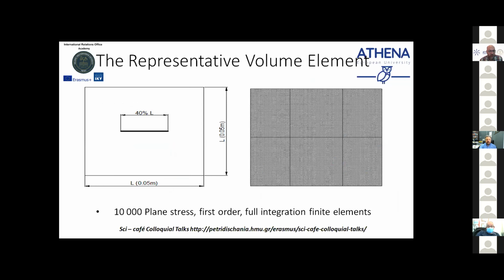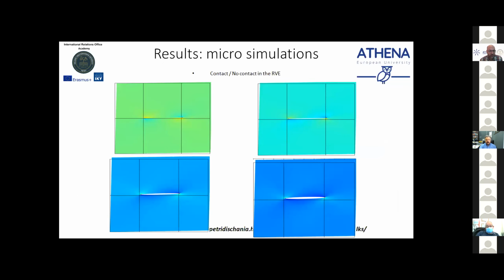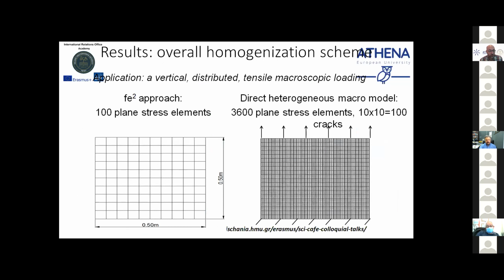This is a second example, an RVE with a crack. Here are the solutions of the RVE, and here is the comparison between a plate with a lot of cracks, 100 cracks, and the plate where the influence of this micro crack is taken into account indirectly through this FEM-square tool.